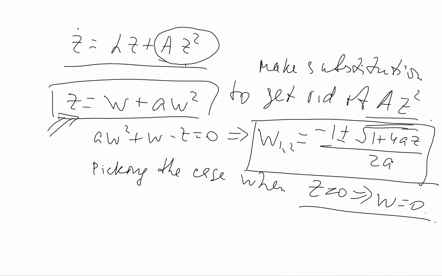This would mean that we should have plus; the minus will not make it. So w should be equal to minus 1 plus square root of 1 plus 4az, divided by 2a.